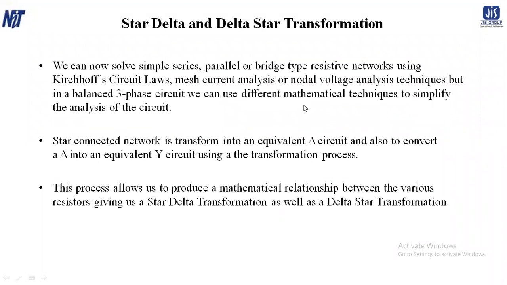Now here we have to find all the branch currents of the given network. Then we need to apply KCL: the incoming current equals the outgoing current, or the summation of all incoming and outgoing currents equals 0.